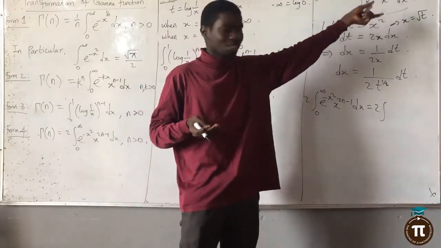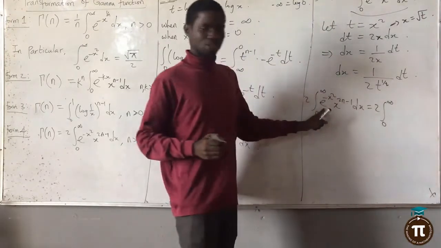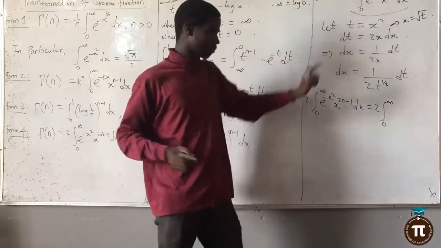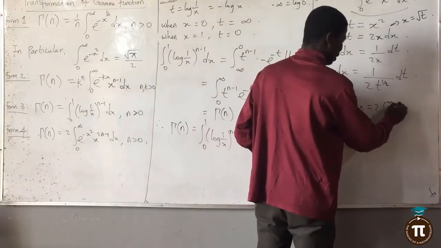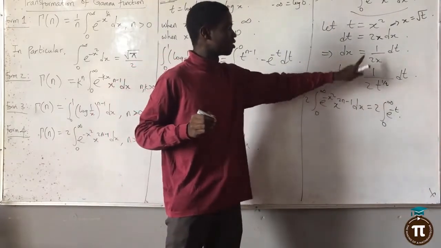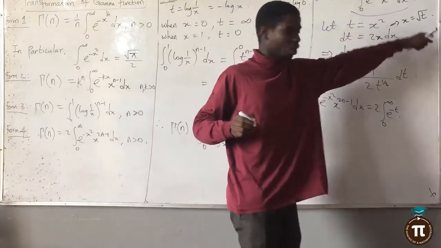When s is infinity, t is infinity. So integral from 0 to infinity of e raised to the power of minus t, because s squared is now t. So I have e raised to the power of minus t multiplied by s. s is t raised to the power of 1 over 2.